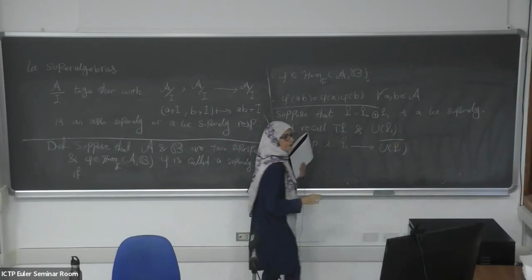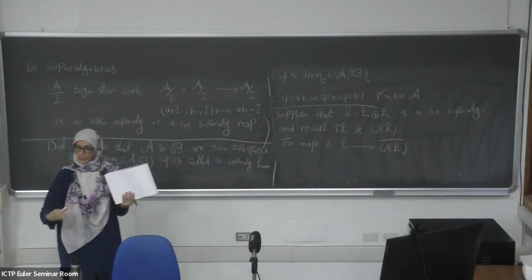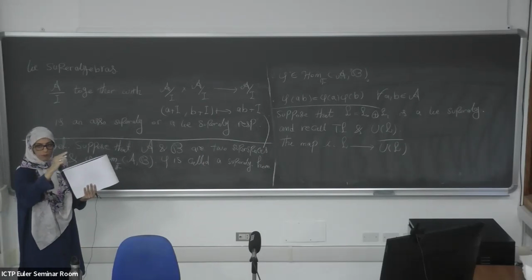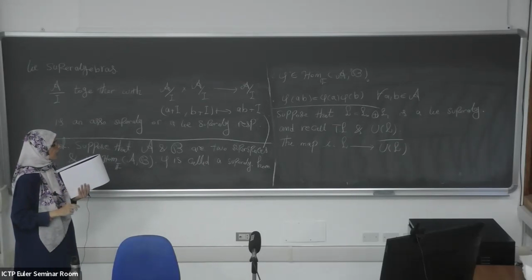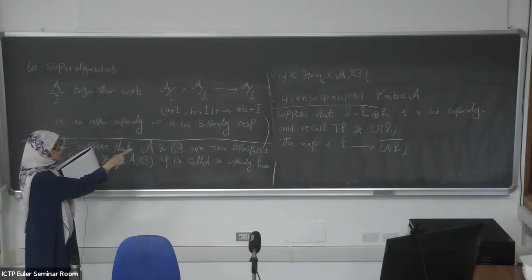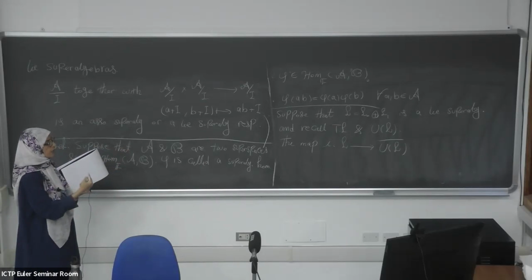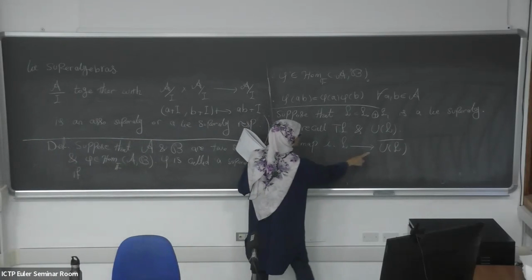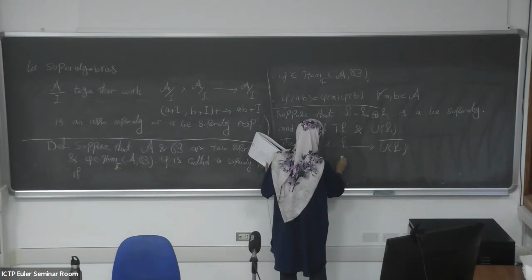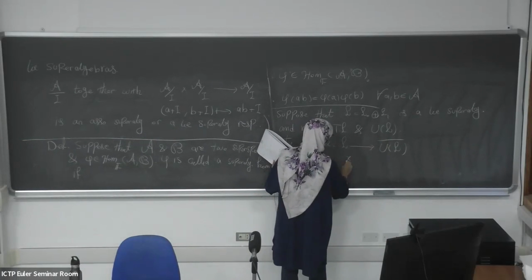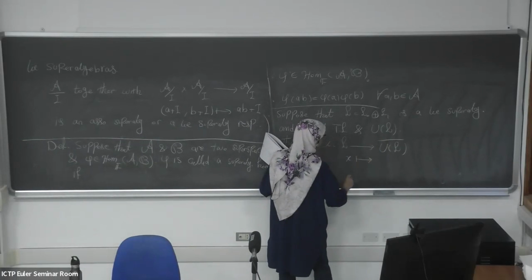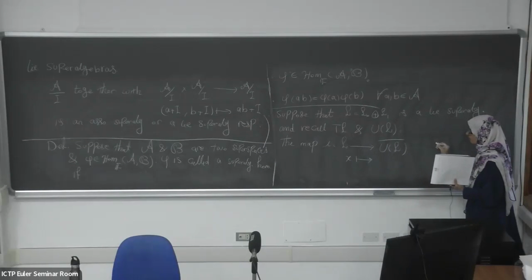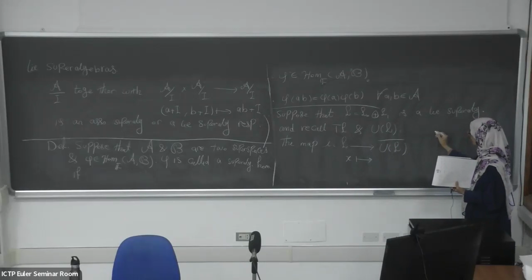I told you, when we have an associative superalgebra, we can make a Lie superalgebra that we call A bar, when A was our algebra. And here, our associative superalgebra is UL, so we can talk about UL bar. And here we have a map from L to UL bar. And what is the action? We send X to X tilde. I use some other notation.